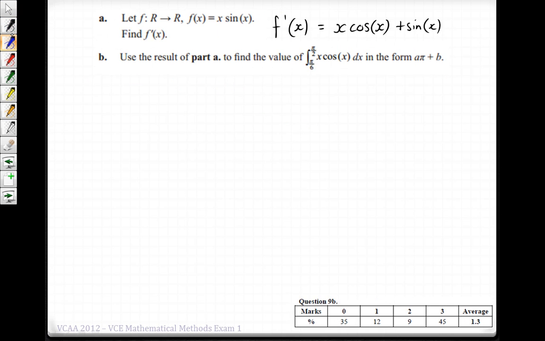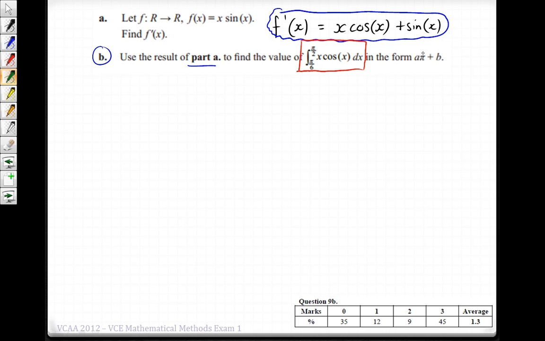Okay, so question 9b asks us to use the result from part A, which I've copied out up here, to find the value of this integral here with the domain of pi on 6 to pi on 2. And we need that in the form specifically of a pi plus b, so just two terms at the end of our question.